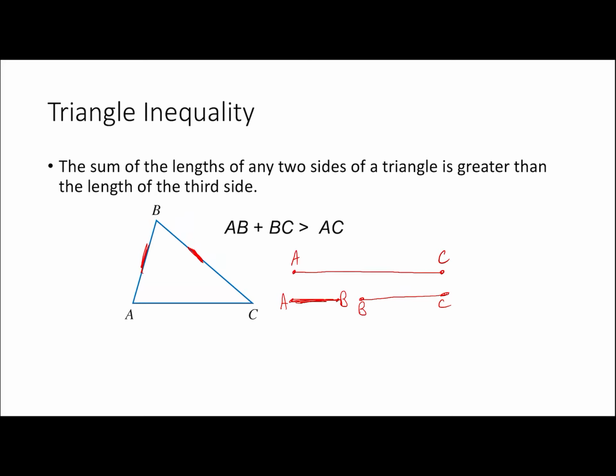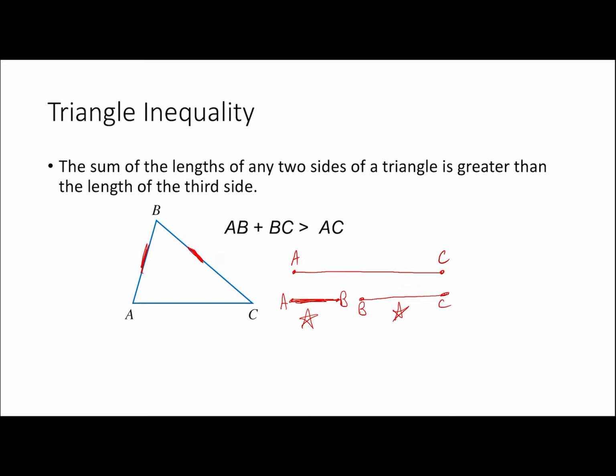But if that distance is longer than AB plus BC, then these 2 pieces here, if you laid them straight out together in a line, well, if this AC happens to be longer, then you're not reaching both endpoints. And so there's no way that ever becomes a triangle.